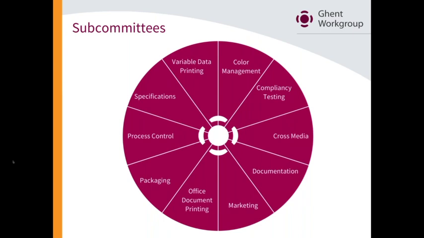And as you can see, these are areas that are fairly important to what you're doing and what we as an industry need to do and structure. There's variable data and color management, cross-media, and documentation, which is very important. We'll go through some of that later, but we write and publish a lot of white papers and instructional documents that you can actually use.